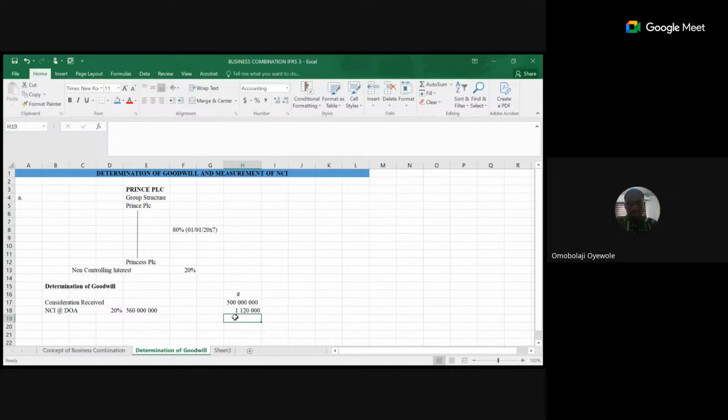No, it's 500 million plus 1,120,000. So now that should give us 501 million. Are you sure 20% of 560,000 is 1,120,000?